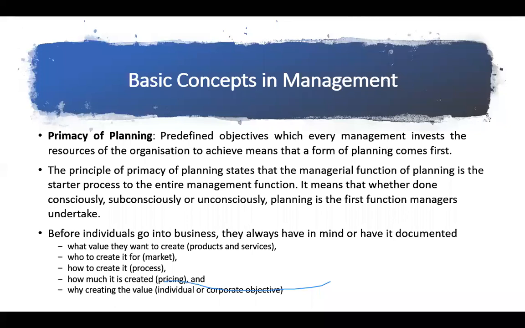How do I create these products? How do I create and render these services? You are looking at process. The processes that are involved in bringing the goods and services to the identified market. Then the next thing you're going to ask yourself is, how much?